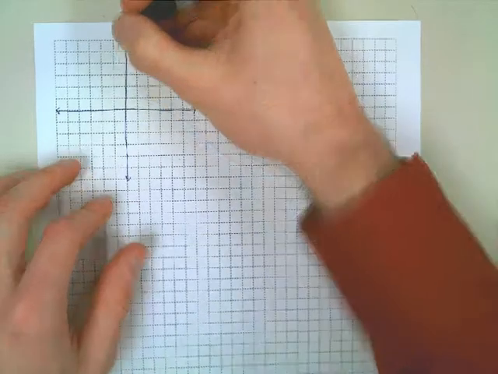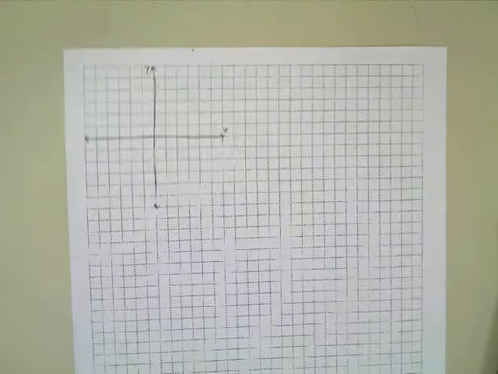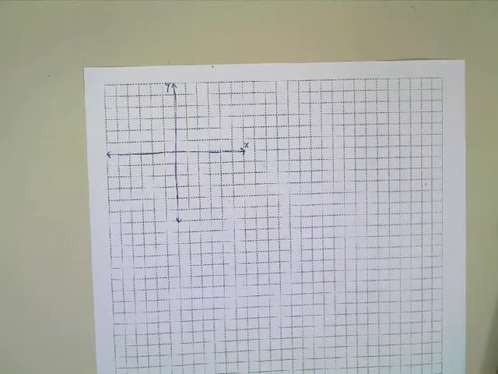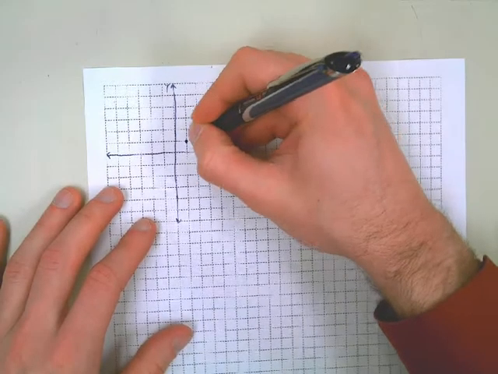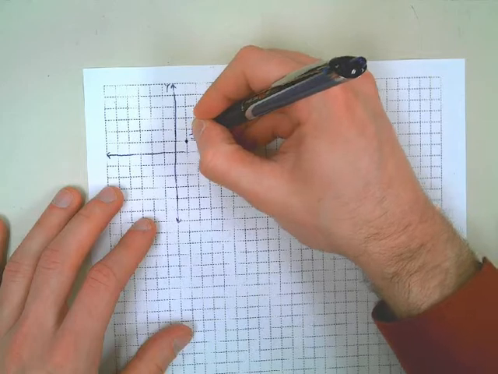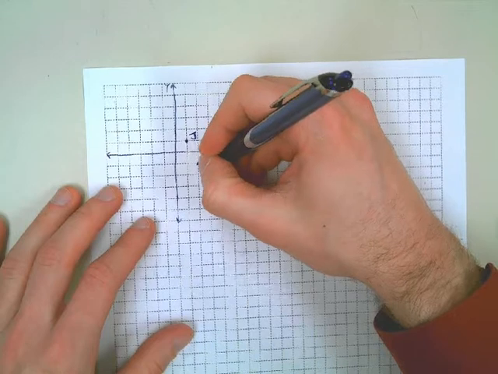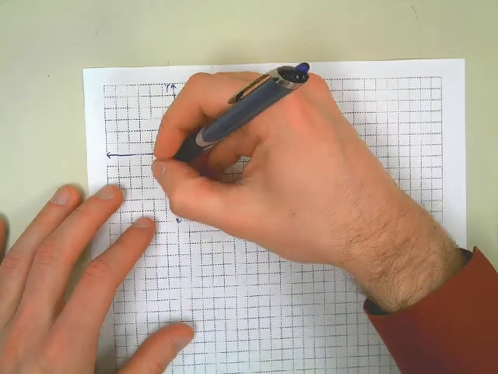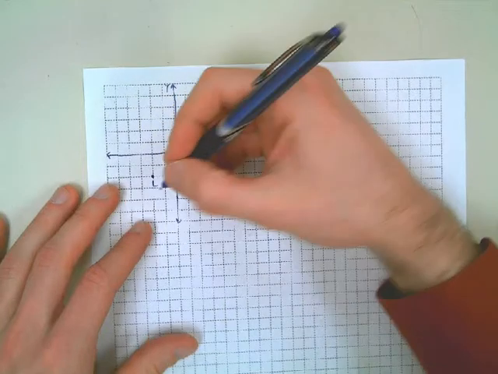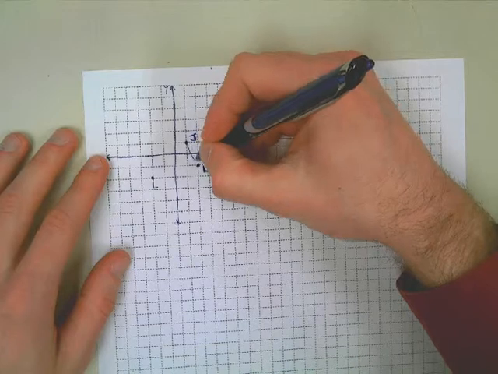And plot the points here. Let's say J will be at 1, 1. K will have coordinates 2, -1. And then L will have coordinates -2, -2. Then connect the dots, which will create that little triangle. There it is, JKL.